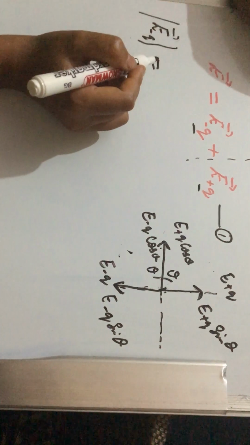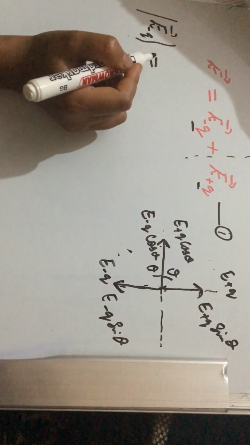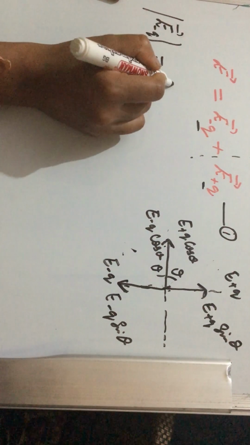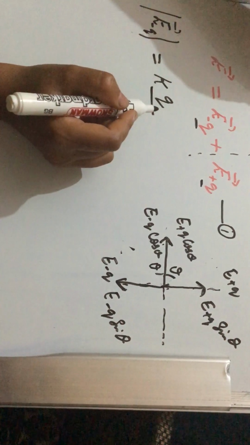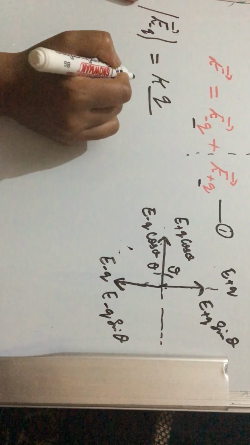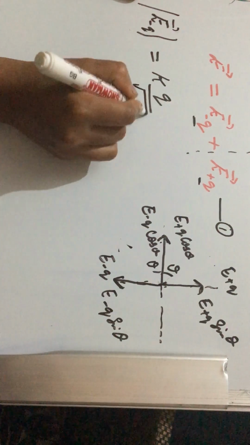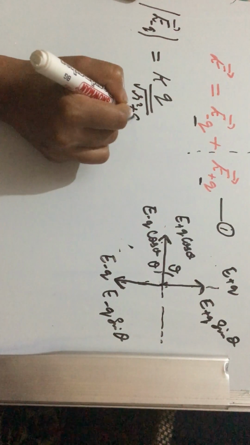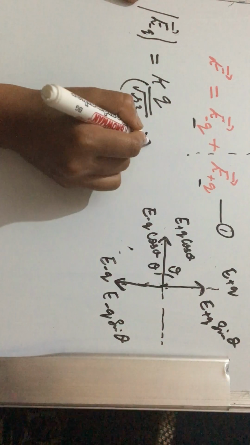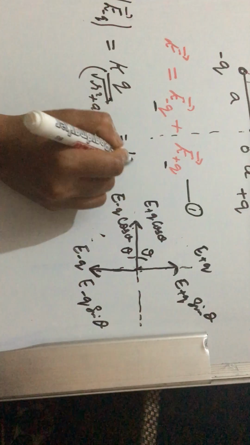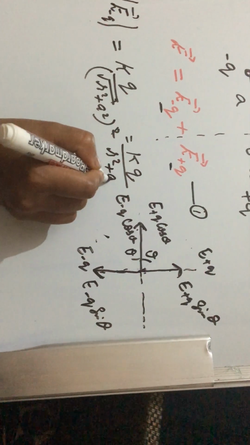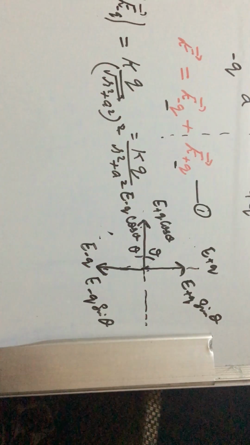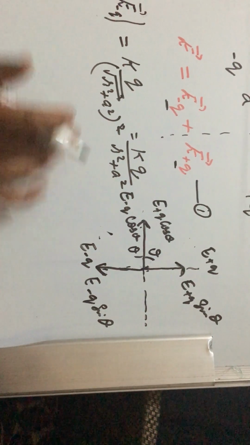Now due to E minus Q at this point, what is the electric field? That is kq by, what is the distance between them? This is root over r square plus a square. This is kq, the electric field due to a point charge, which we did in the previous derivations, right?